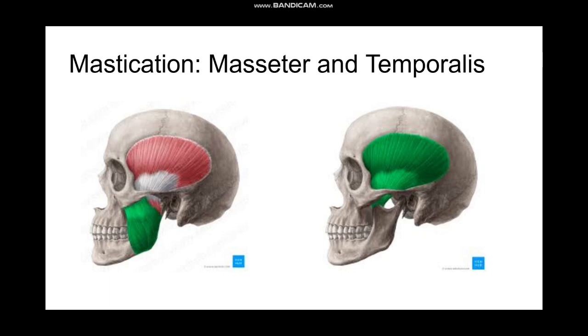And then it's going to insert into this little area called the coronoid process of the mandible. Not to be confused with the coracoid process, that would be only on the scapula. So coronoid would be the mandible. And it's the same exact action as the masseter. It closes the jaw. In better terms, it elevates the mandible, which allows you to chew, masticate.